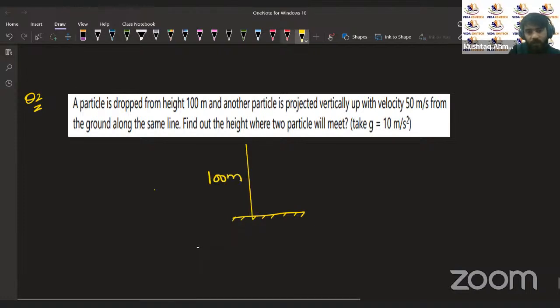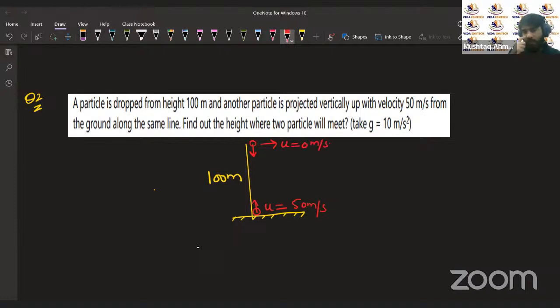From this height, we have two balls. One from the top is dropped, and another ball is thrown from the bottom with initial speed 50 meters per second. And this ball is just dropped, so we can say that its initial speed is equal to 0 meters per second.